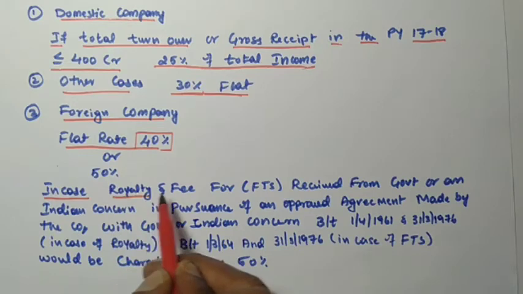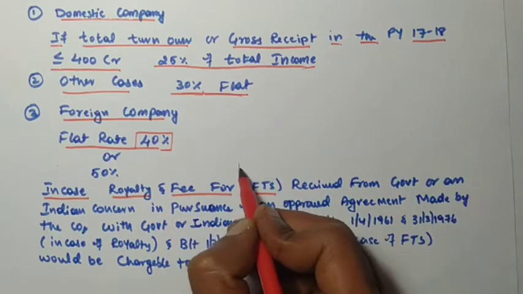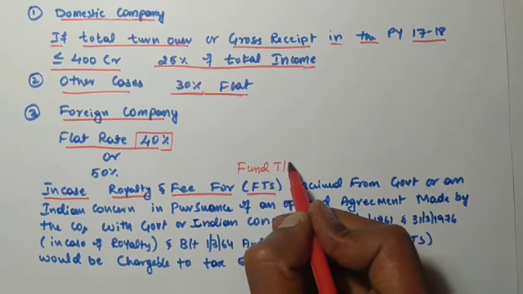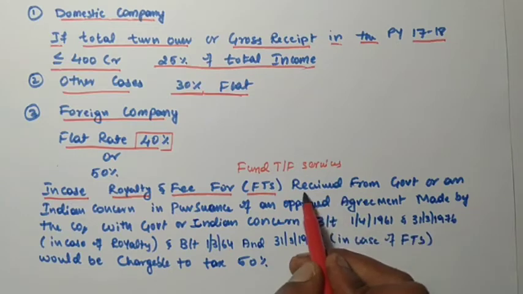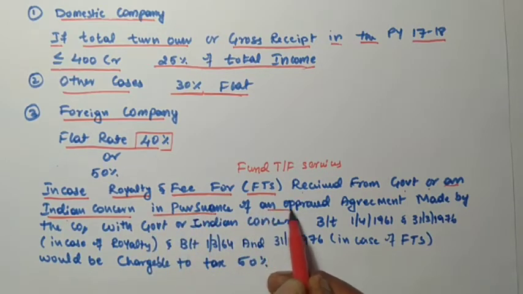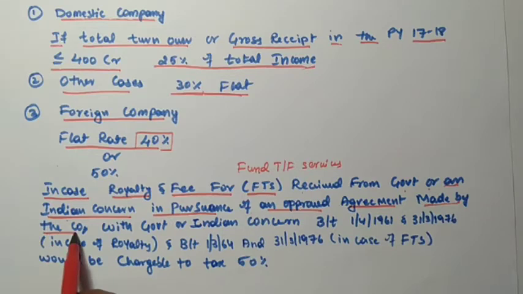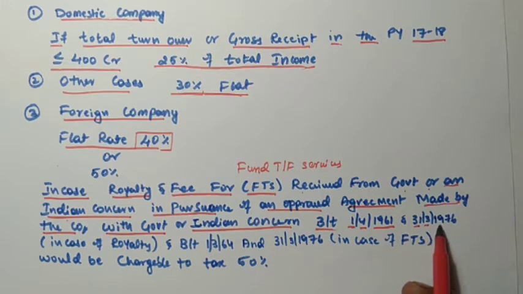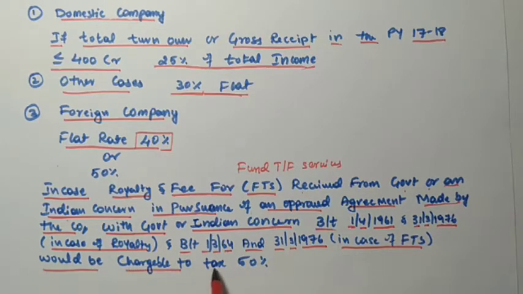In case of royalty or fee for FTS, fund transfer service, received from government or an Indian concern in pursuance of an approved agreement made by the company with government or an Indian concern between 1/4/1961 and 31st March 1976 in case of royalty, and between 1/3/64 and 31st March 1976 in case of FTS, it would be chargeable to tax of 50%.